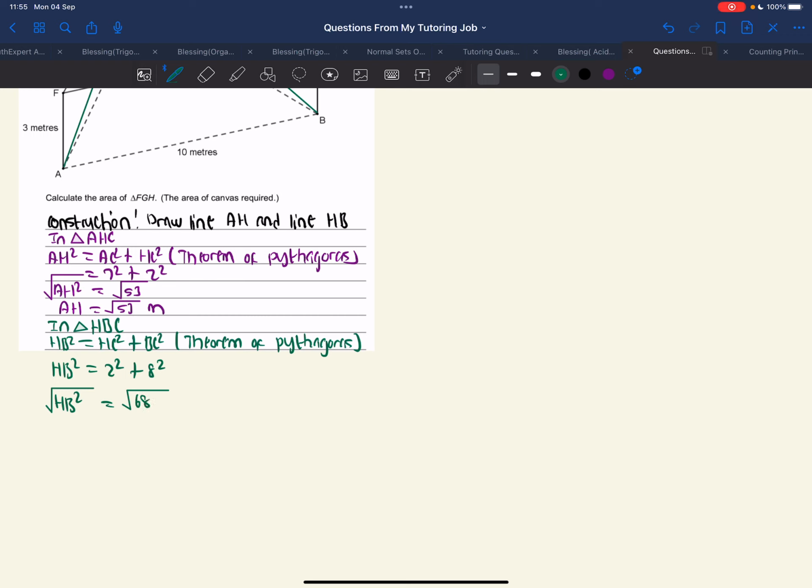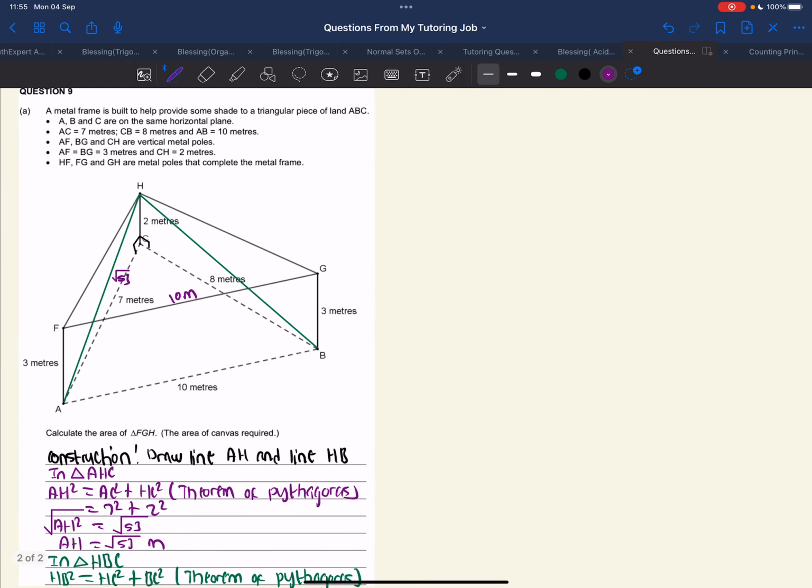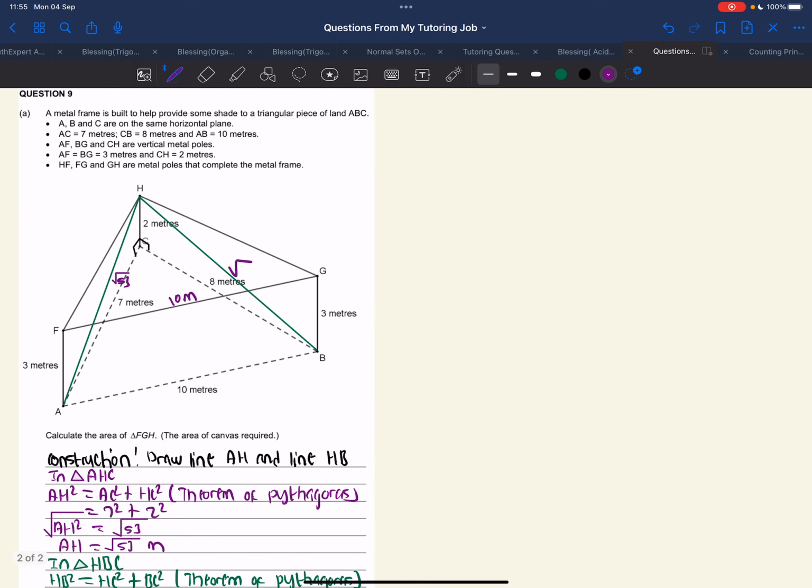So HB is going to be square root 68 meters. So that length over there is square root 68.